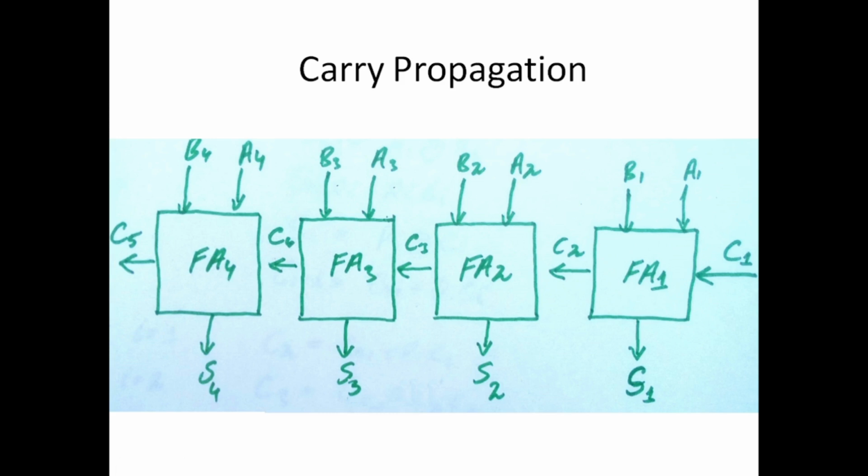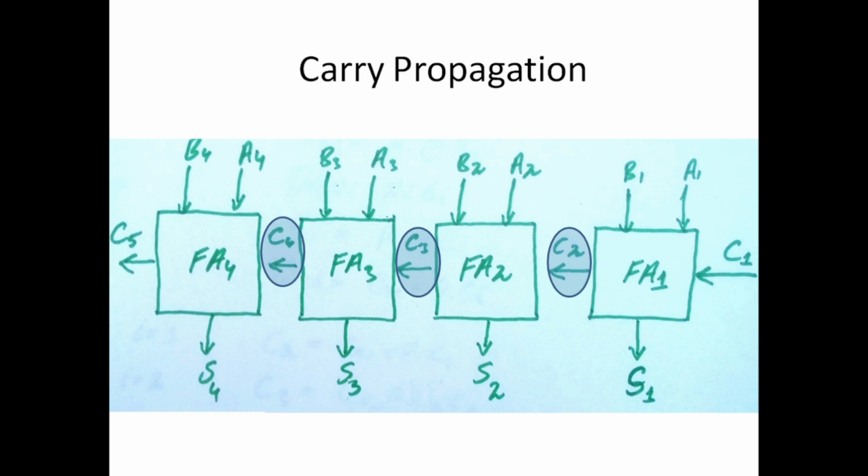So this is called carry propagation delay, and we have to look for a method to avoid it. So the binary parallel adder is good, but it has some internal delay and we have to remove it.